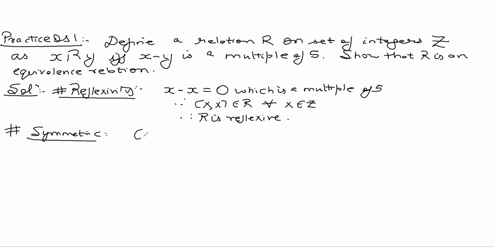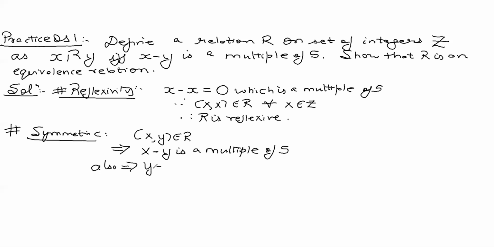(X,Y) belongs to R implies X minus Y is a multiple of 5. Guys, if X minus Y is a multiple of 5, it also implies that Y minus X is a multiple of 5, right?